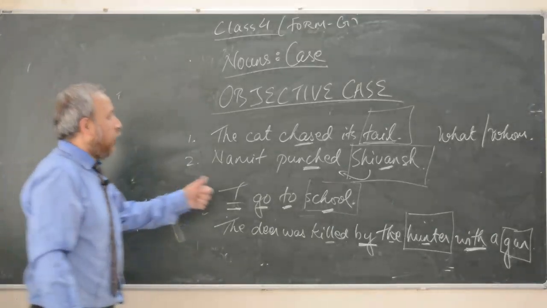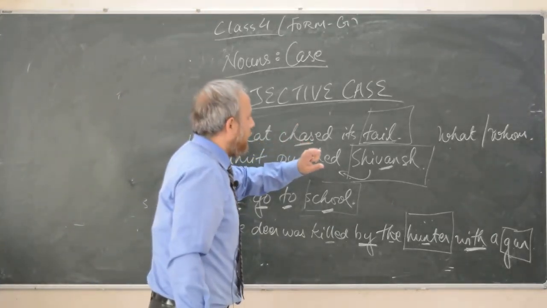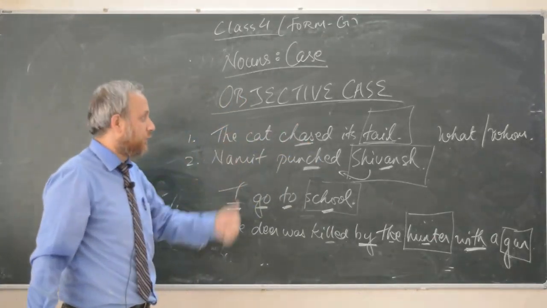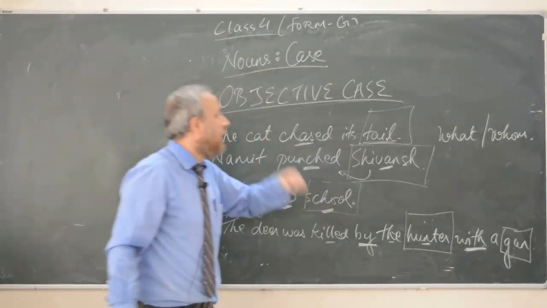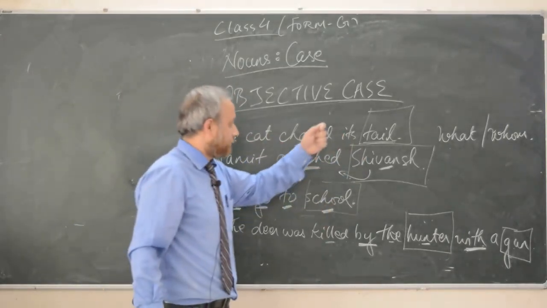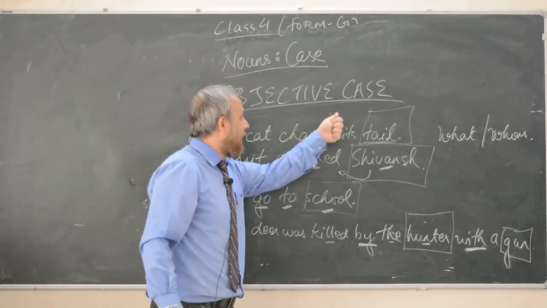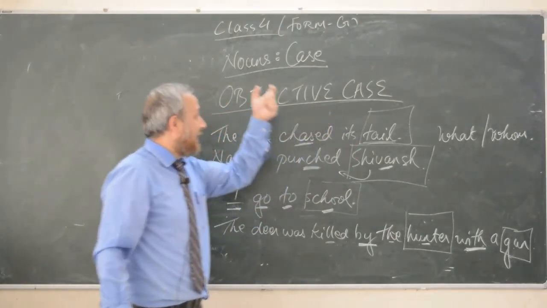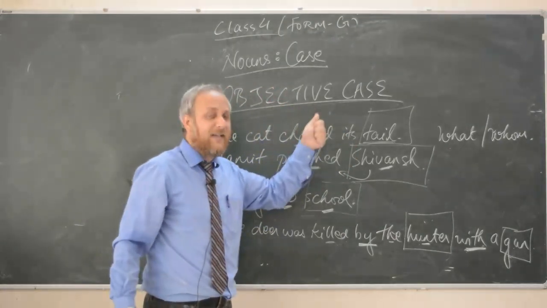Okay, so when the noun, you can also have a pronoun here, so when the noun or the pronoun is the object of the verb, the case is objective case or accusative case.